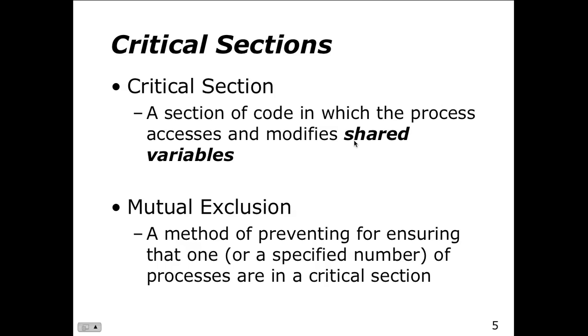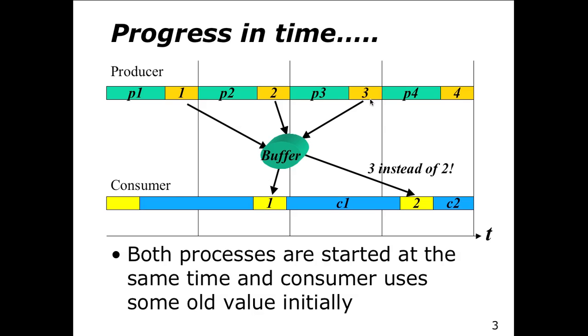That piece of code that's shared is actually called the critical section or critical region. And we create mutual exclusion to the critical region in terms of the classic scenario. The critical section is the section of code in which the processes access and modify shared variables. So this is the critical section, and we create mutual exclusion to it.